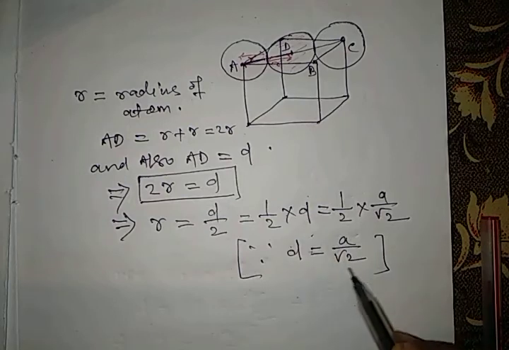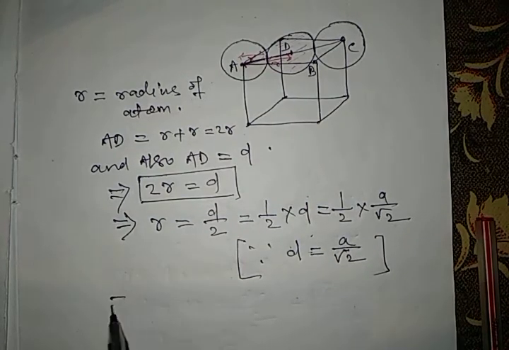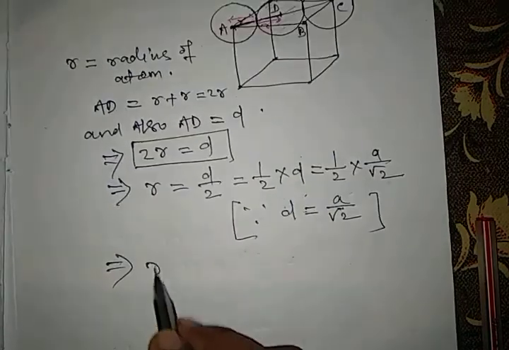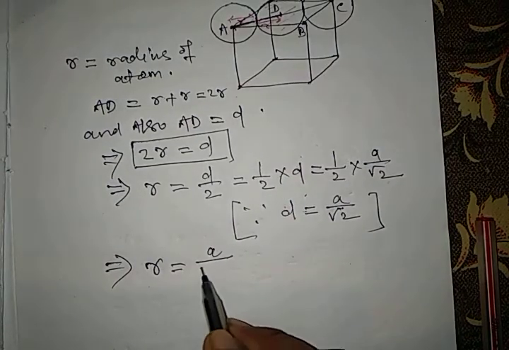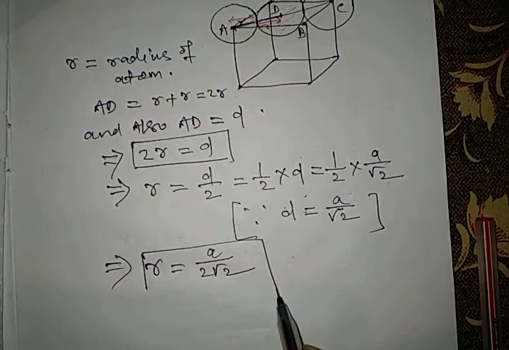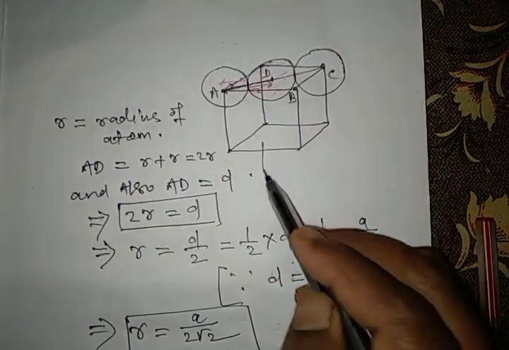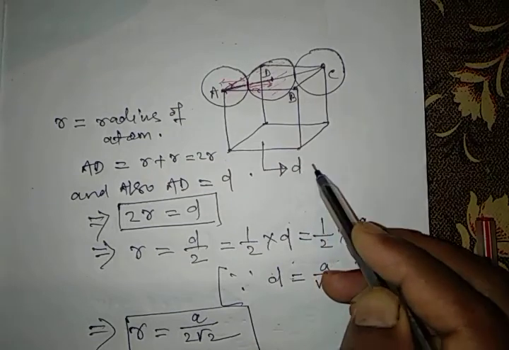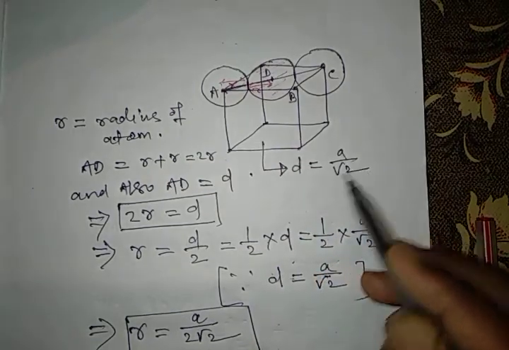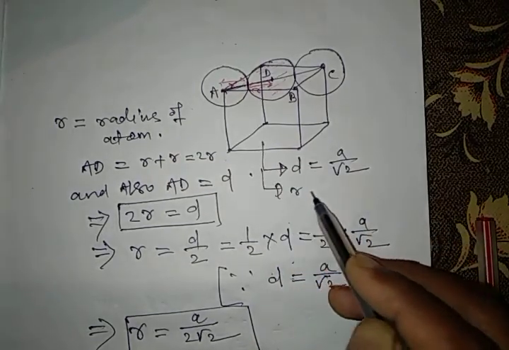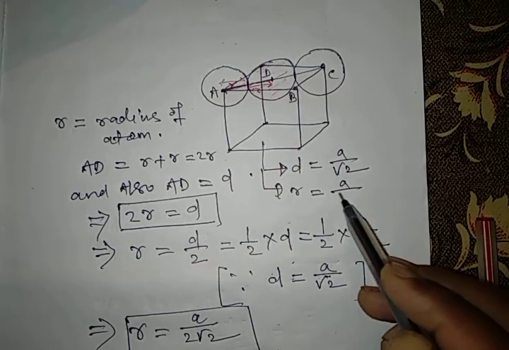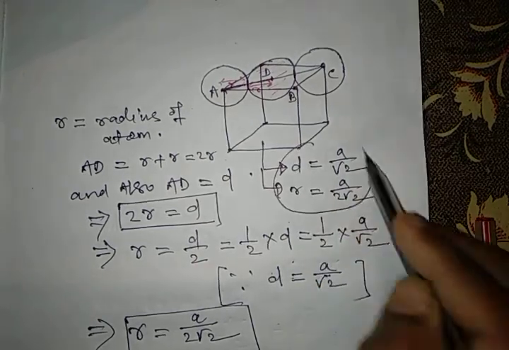So in place of d, we put the value a by root 2. Finally we got r equal to a by 2 root 2. So in FCC, d is a by root 2 and r equals a by 2 root 2.